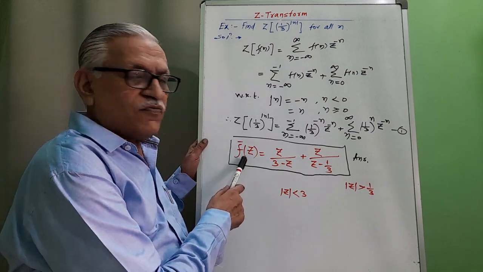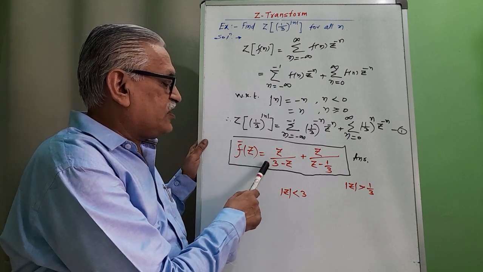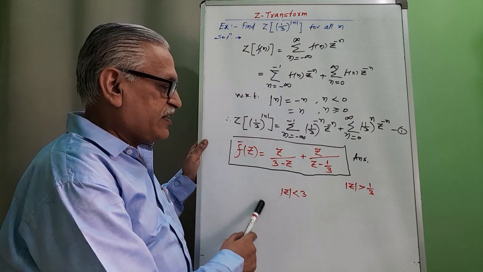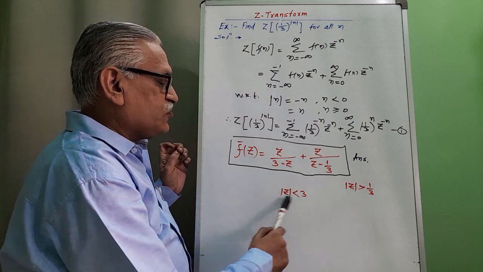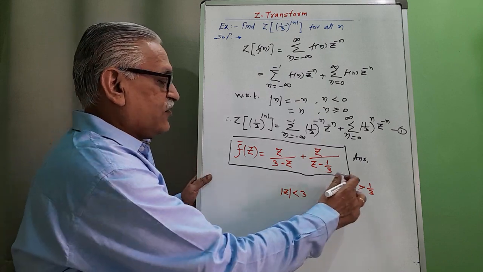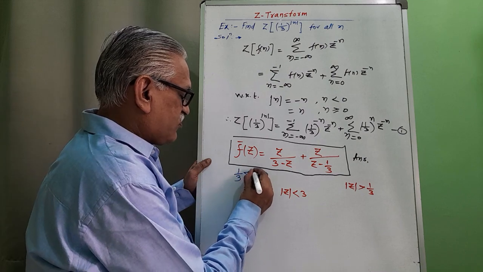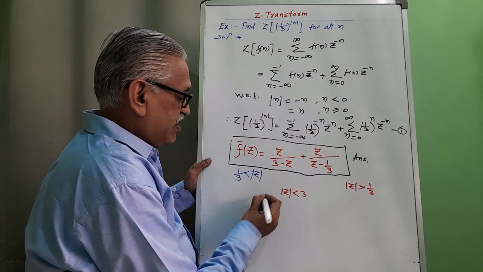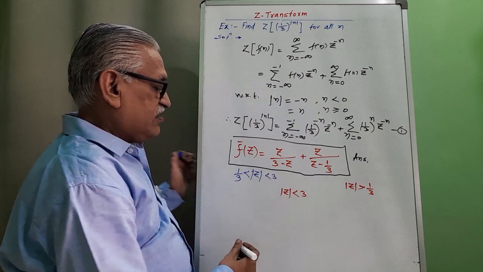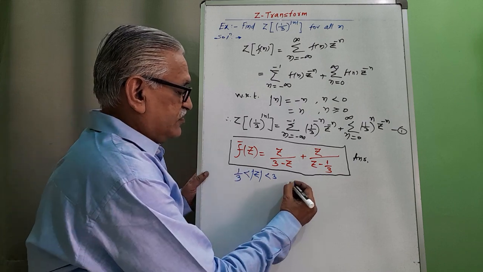Therefore, the final answer is f bar of z equals z upon 3 minus z plus z upon z minus 1 by 3. Combining these two inequalities, we get 1 by 3 less than mod z and mod z less than 3. This is the region of convergence.